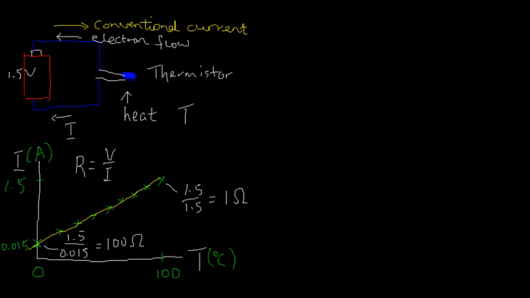Now let me just write down an example. If you Google for thermistor, you will find some information in Wikipedia. An example of a thermistor material might be something called iron oxide.